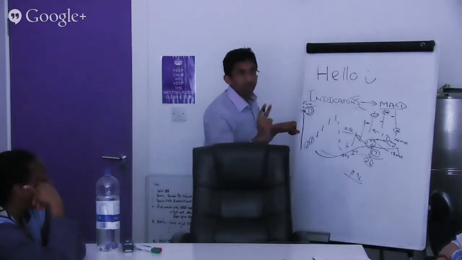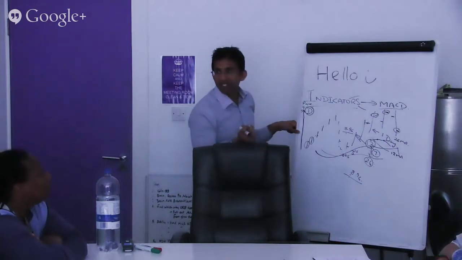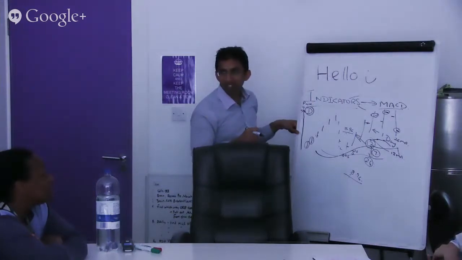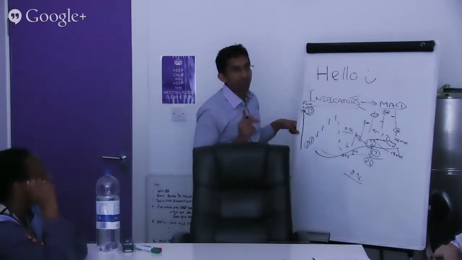Yes. The MACD is made up of two lines. What are they? Come on. Moving average and indicator line. Yeah, you got one of it, the indicator line. What's another one?